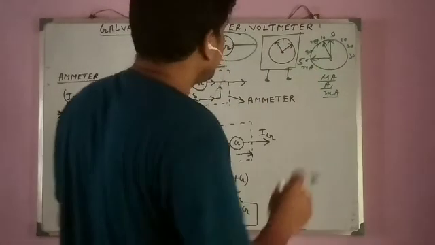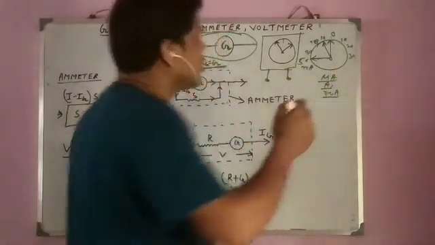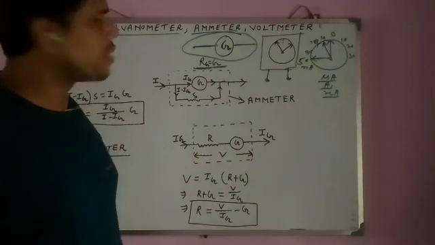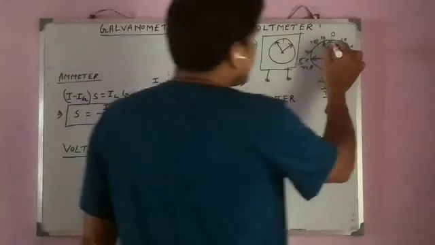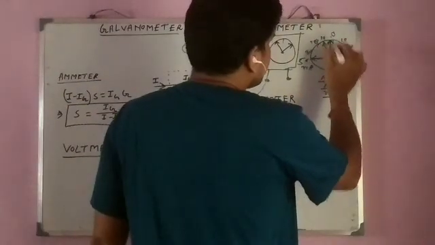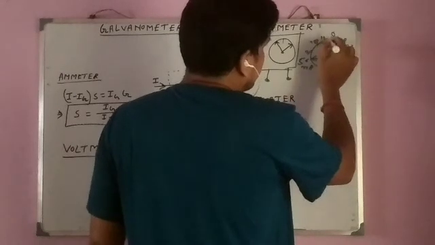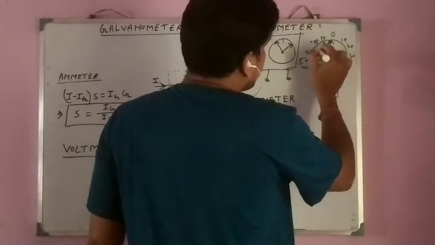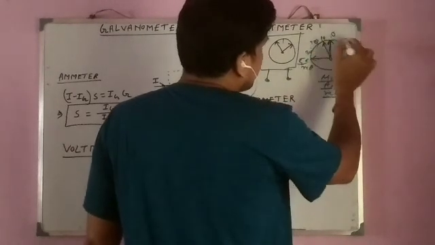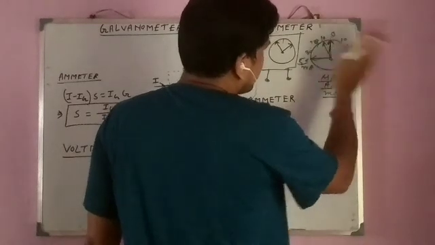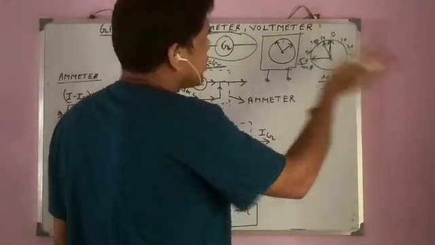In general, when it is not connected to any circuit, the needle is at the 0 position. Here are the markings 10, 20, 30, 40, 50, and also 10, 20, 30 on the left hand side and right hand side.